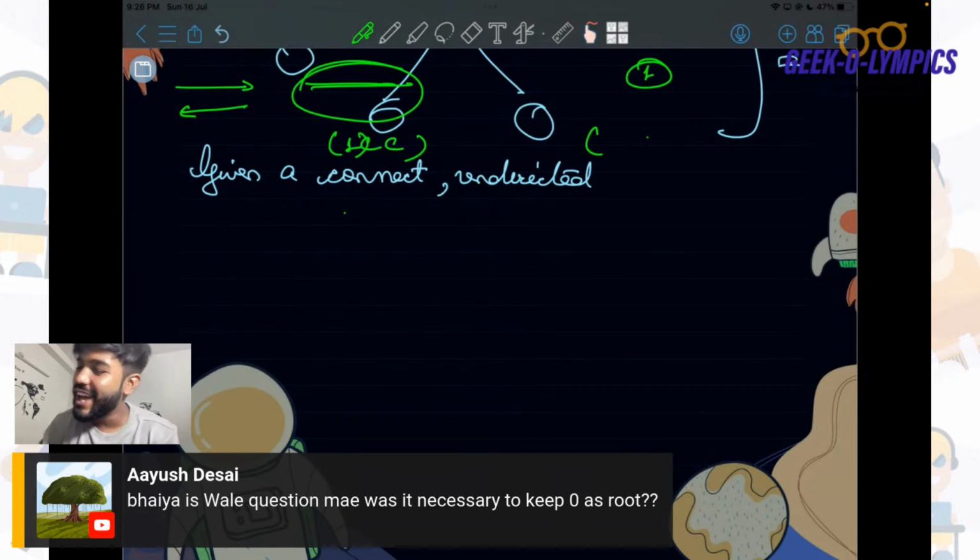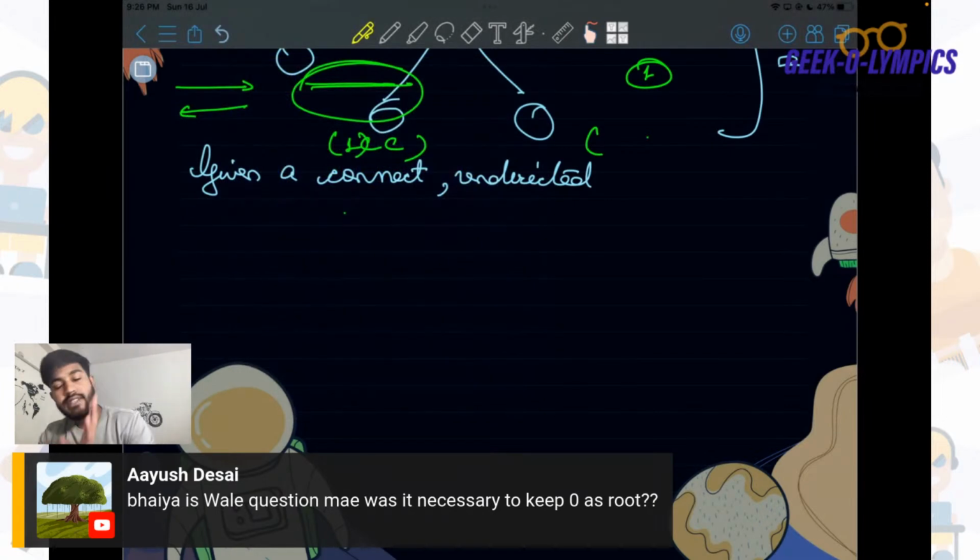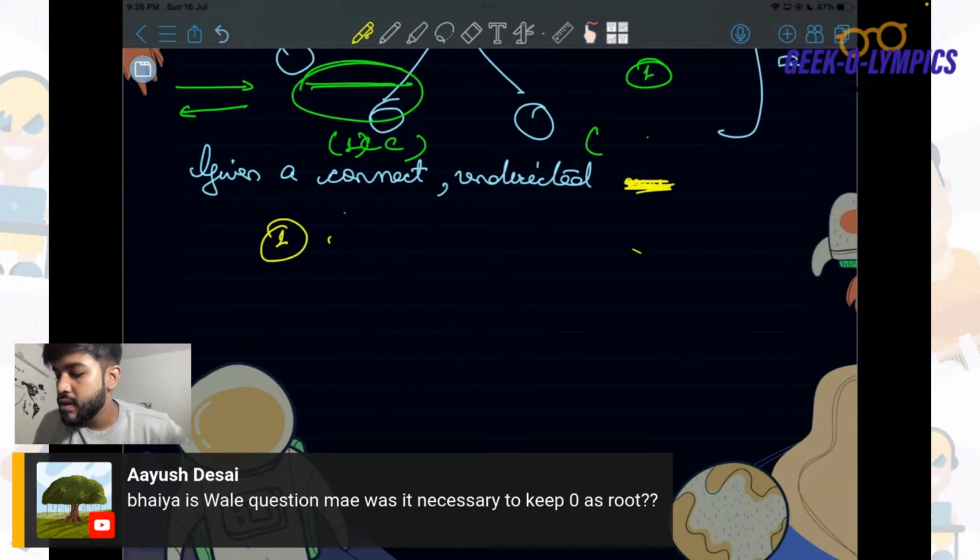You remember it. Okay, so you are given a connected undirected graph. What you need to do is merge. One operation is merging two adjacent nodes.